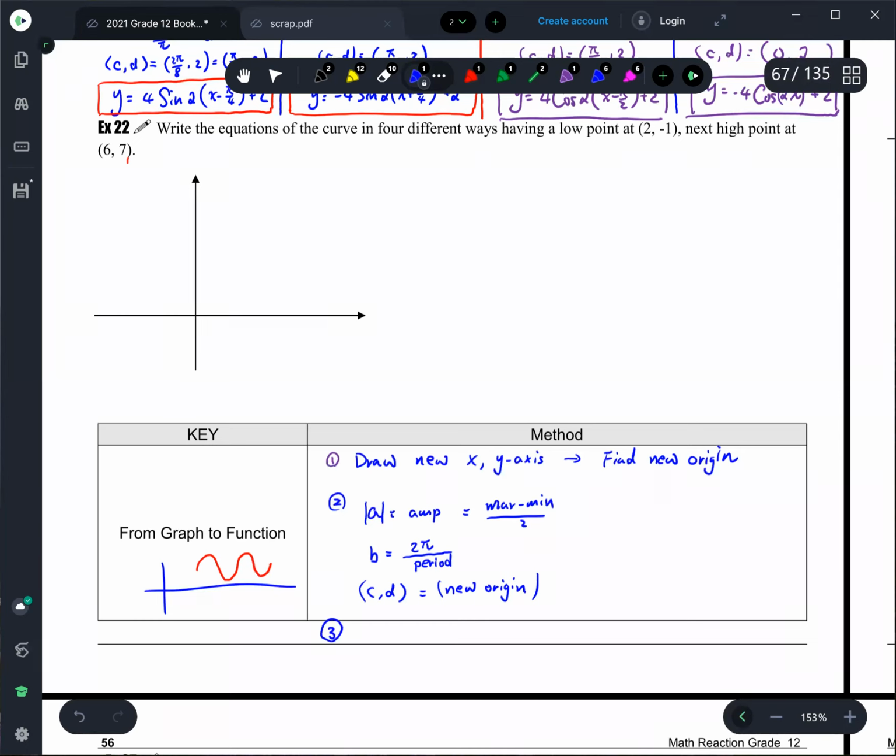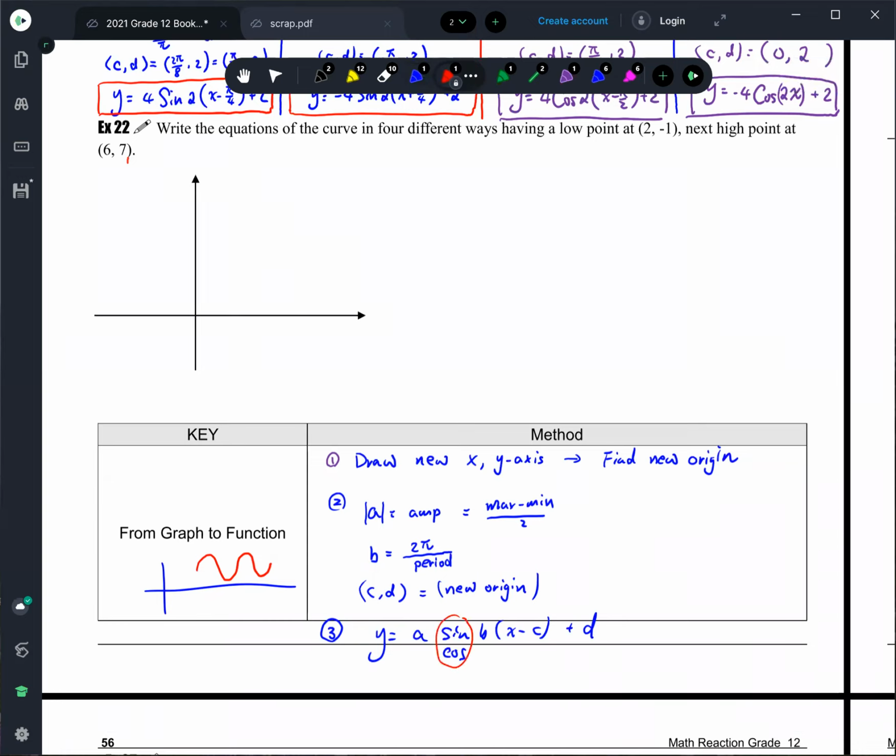Okay, and then finally, you just write out the equation y equals a sine b times x minus c plus d, right? Or cosine, either sine or cosine. Okay, so when you finish copying, can you raise your hand?